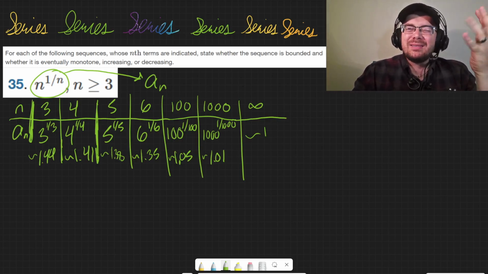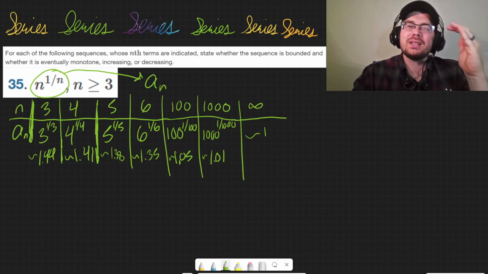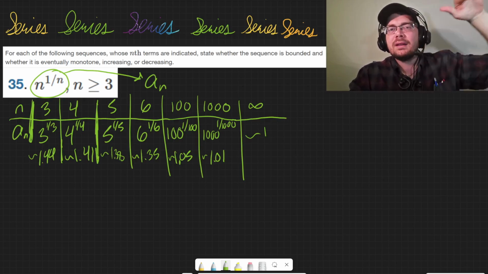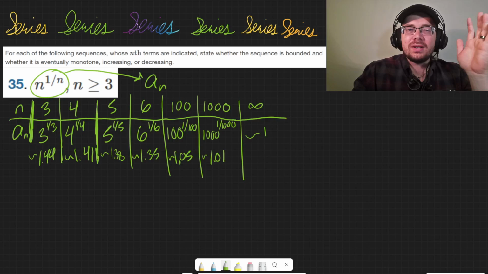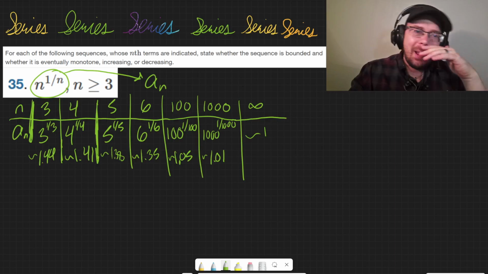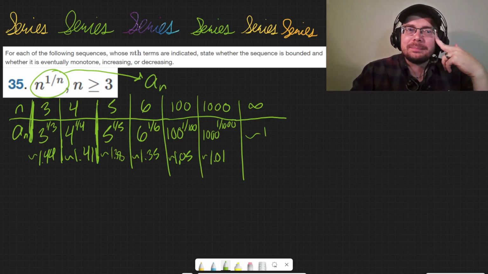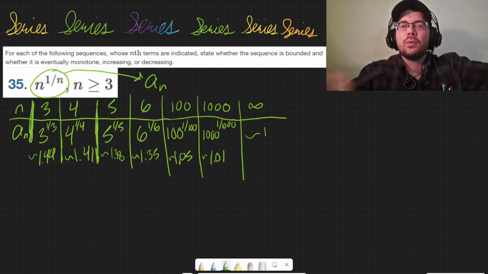But I think most teachers, most professors would not say that that's really bounded above, because if you were to take the function backwards to 0 and then negative values, you end up with some weird stuff that happens for this particular function. But if you did, then it would end up being something else. You might end up with other values. So I don't know if we would really say that it's bounded above.